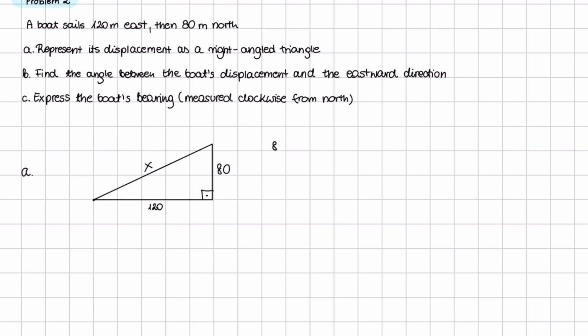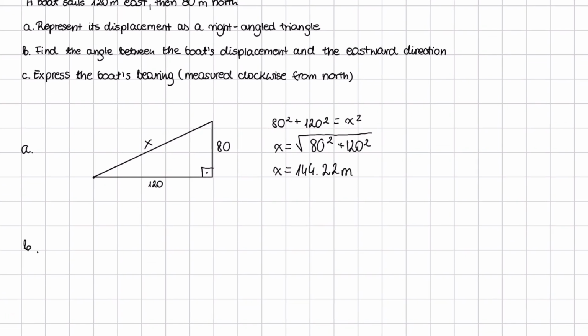So 80 squared plus 120 squared equals x squared. So x is the square root of 80 squared plus 120 squared. So x is 144.22, and of course meters.